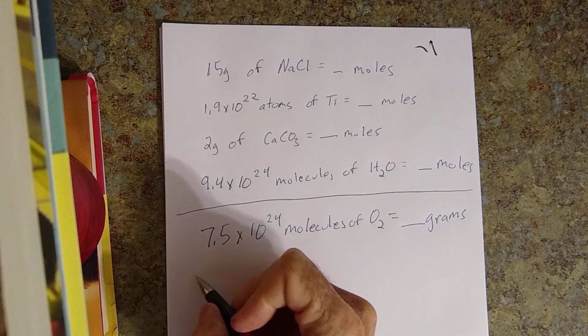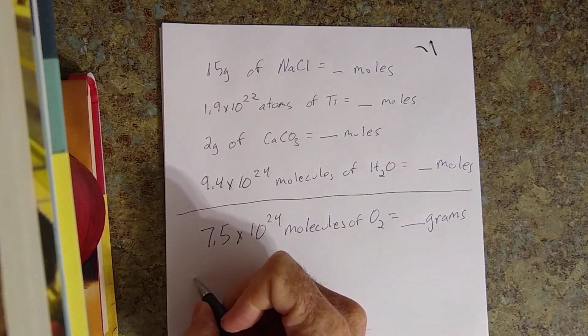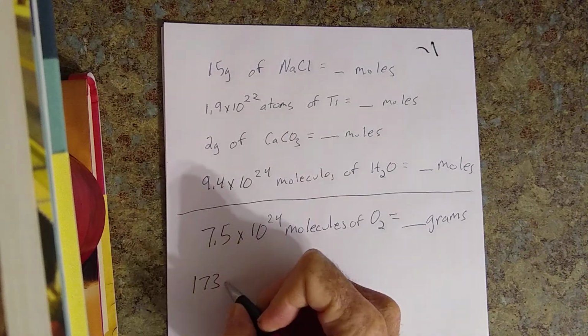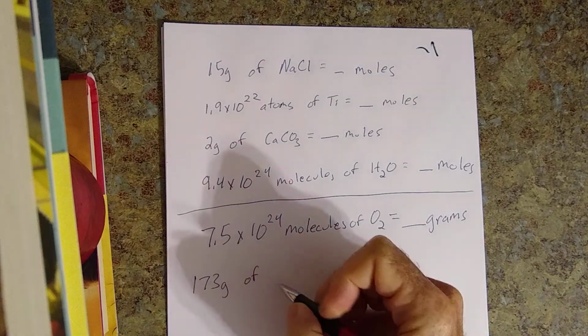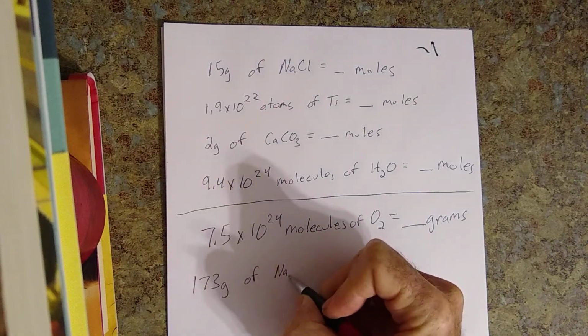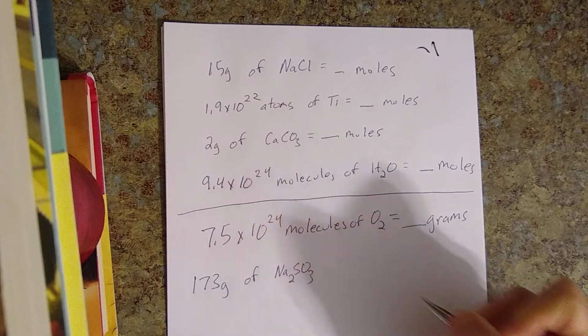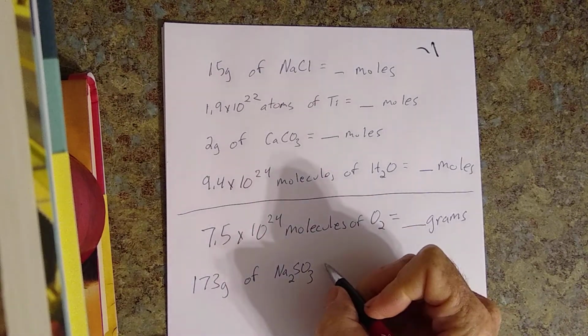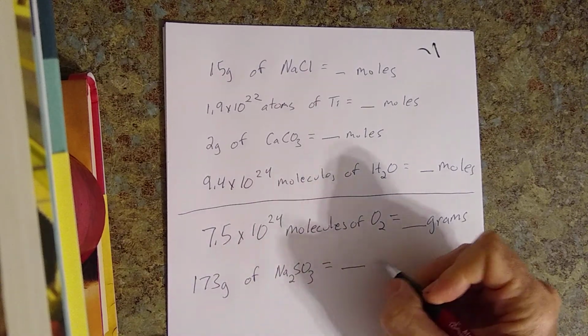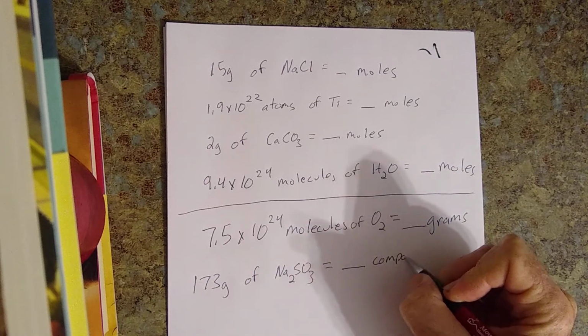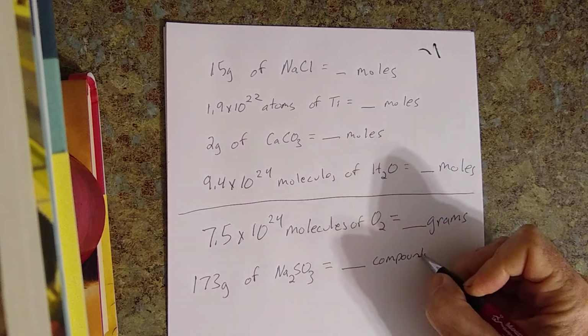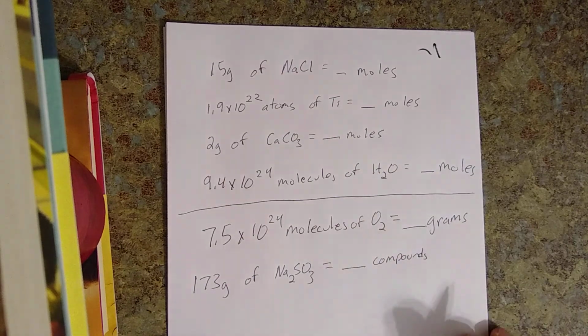All right. How about 173 grams of sodium sulfite would be equal to how many compounds of sodium sulfite?